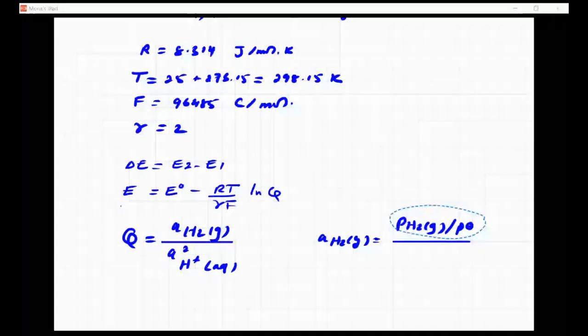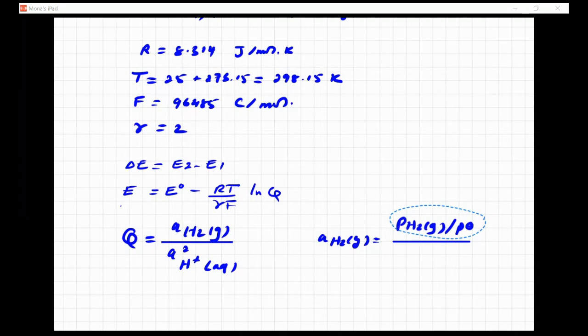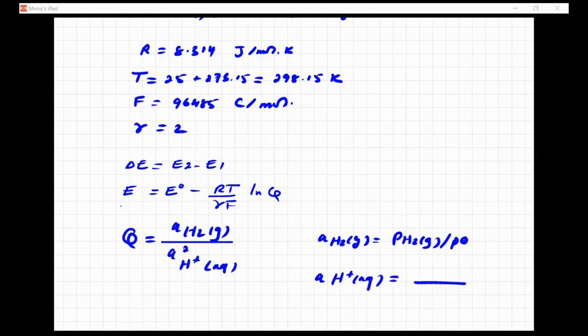The activity of H plus aqueous is going to be equal to the concentration of H plus divided by the standard concentration. So P standard is equal to 1 bar, and C standard is equal to what?